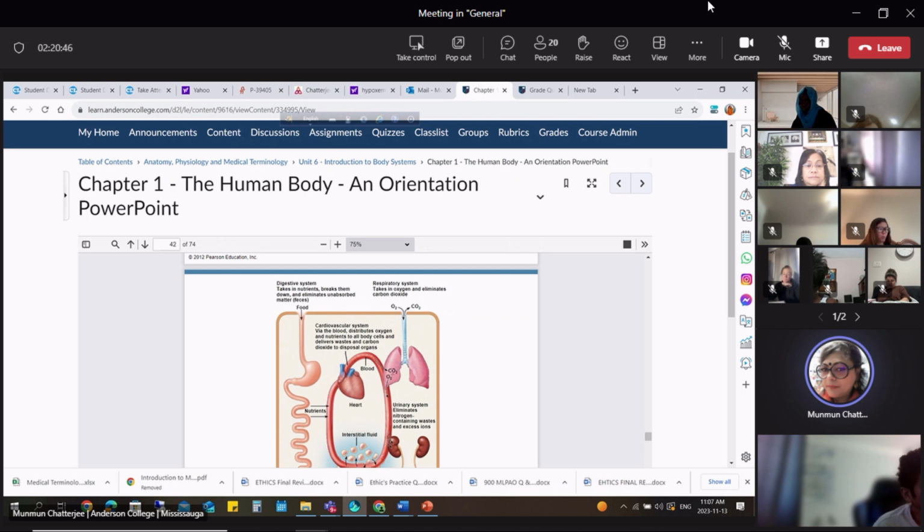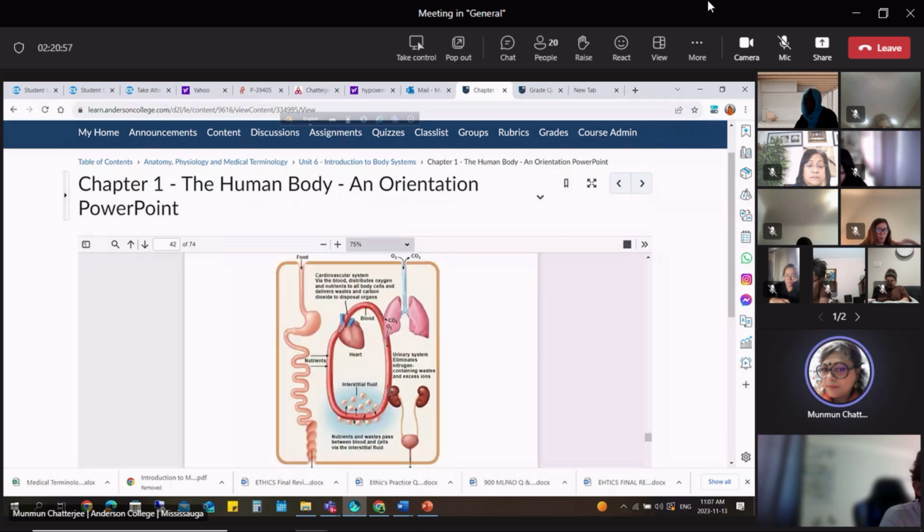What is the disposal organ for carbon dioxide? It is the lung again. And what is the disposal organ for other nitrogenous waste? It is the kidney. So nutrients and waste pass between blood and cells via the interstitial fluid. That fluid is there, and from it cells absorb whatever they need for their function.